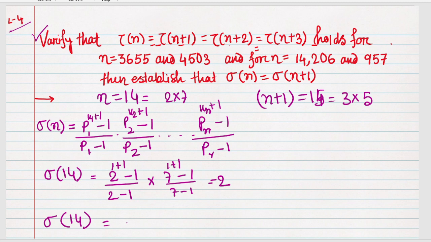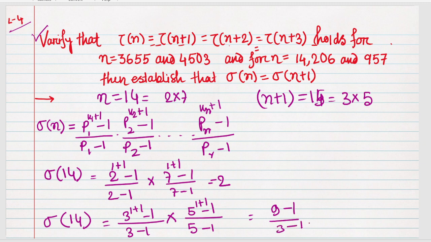So we find it by 3 raised to power 1 plus 1 minus 1 by 3 minus 1, into the product of 5 raised to power 1 plus 1 minus 1 by 5 minus 1, which is 3 square, that is 9 minus 1 by 3 minus 1, into 5 square, 25 minus 1 by 4, where we will have the answer, that is again 24.